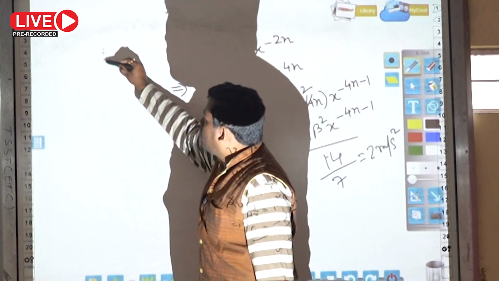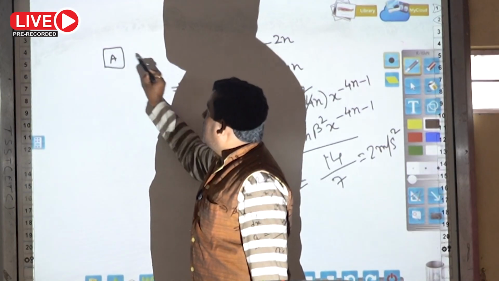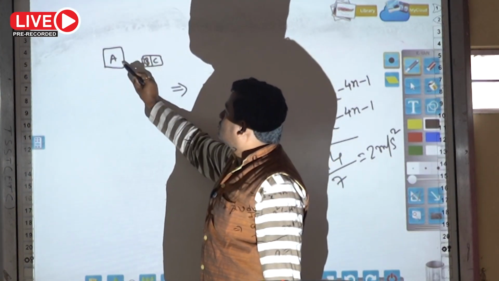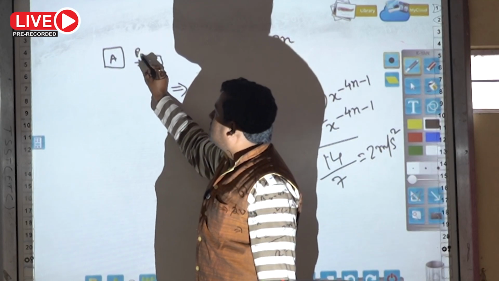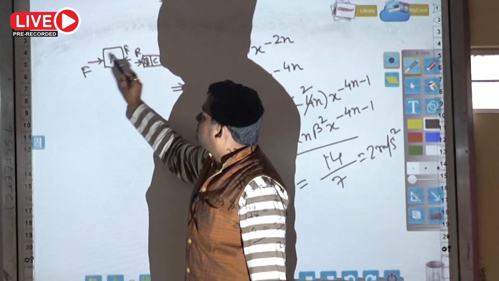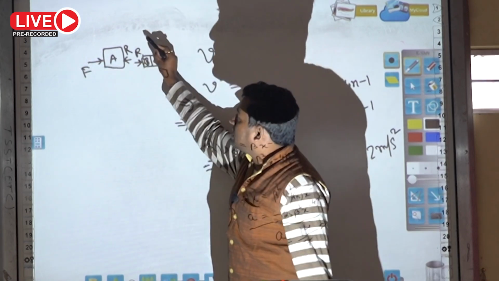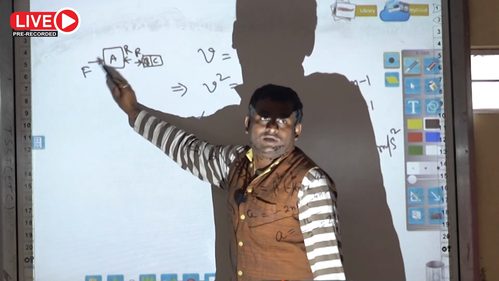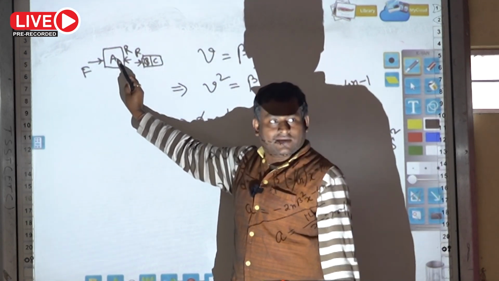Because block A is now here and these are the combination of the blocks BC. So contact force means there is R, there is reaction R, there is your applied force F. So if you calculate acceleration with this mass, you will not get R, you will get F minus R. Okay.